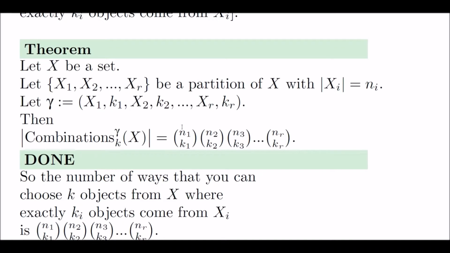So you take the number of objects in x1. If you want k1 of those, you'll do n1 choose k1. Then you'll multiply this with the number of objects from x2. I'll write n2 for the number of objects from x2. You'll choose the number of objects you want from that set. Then you'll take the number of objects in x3. You'll choose the number of objects you want there, and you just keep multiplying all these together.